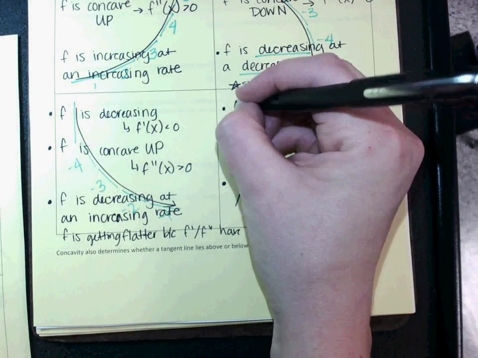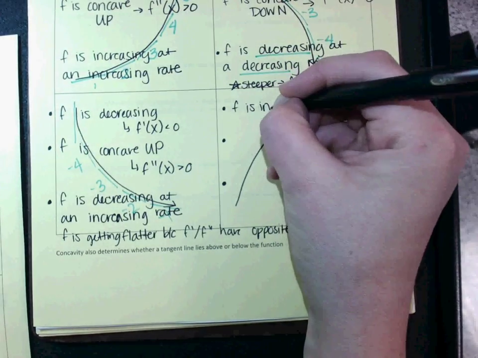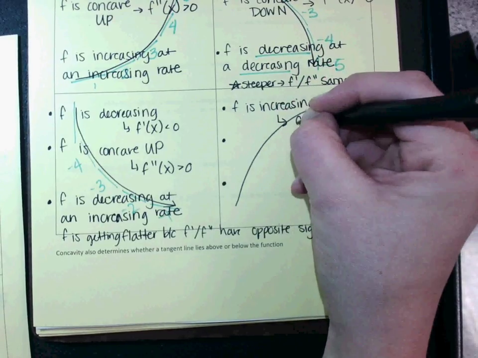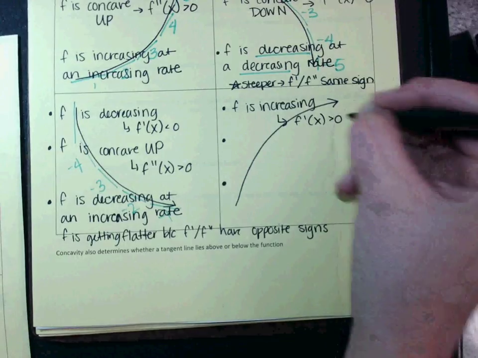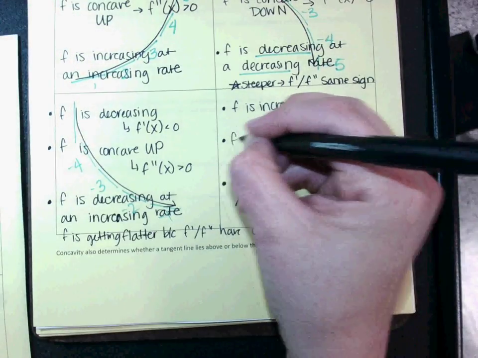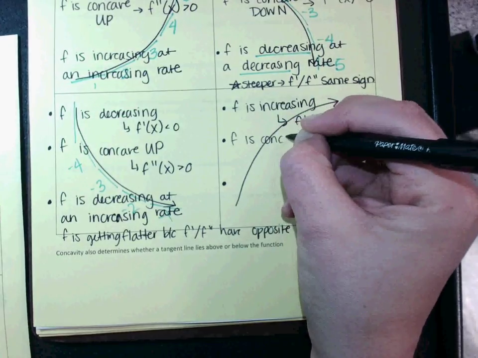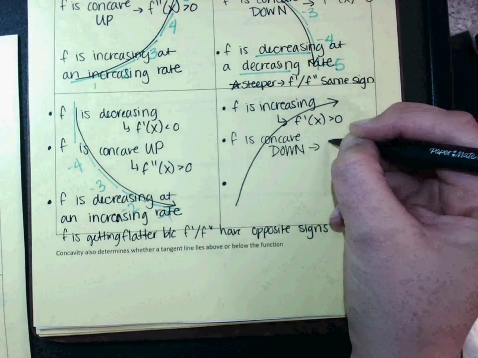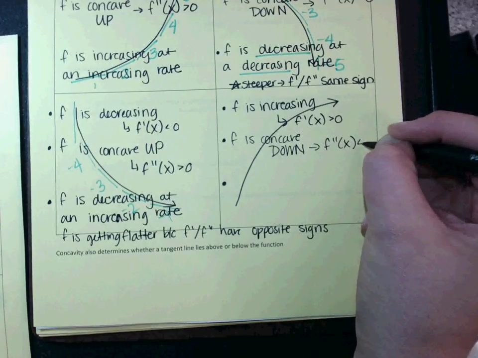F is what? Increasing. Very good. It's going uphill. That tells me that f prime is positive, or greater than 0. But what's your concavity? Okay, concave down. And that tells us f double prime is less than 0.